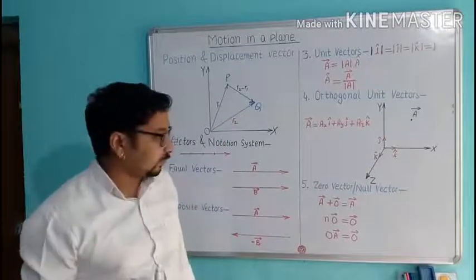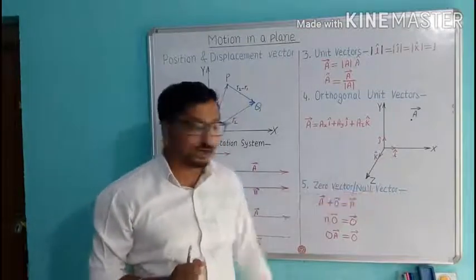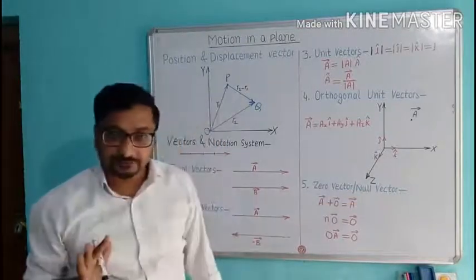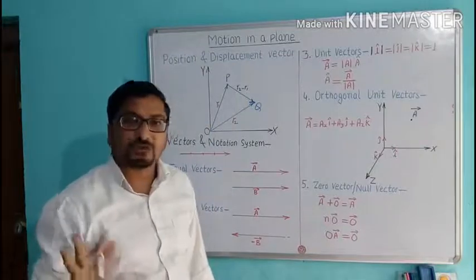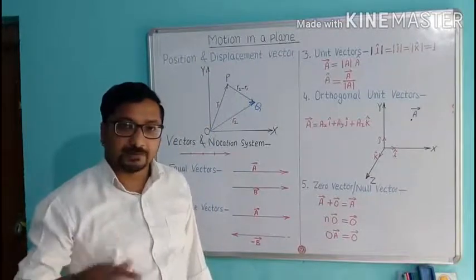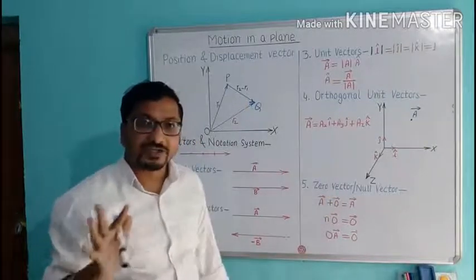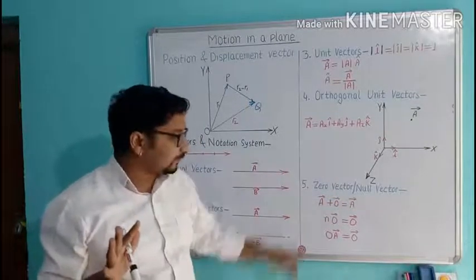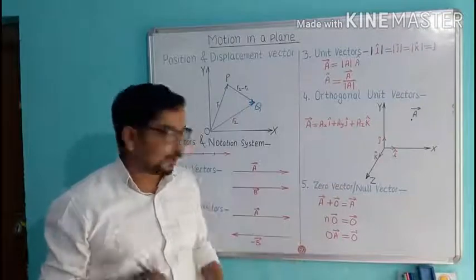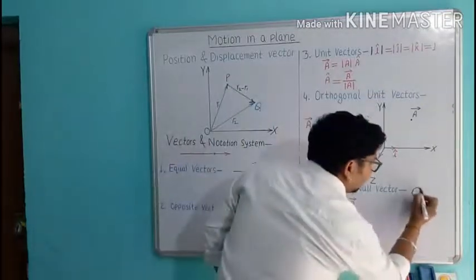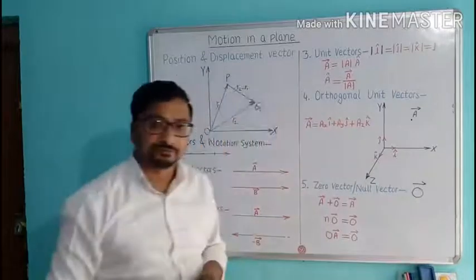Okay, now next, zero vector or null vector. Any vector which has zero magnitude and arbitrary direction is called zero vector or null vector. It is represented by 0 with an arrow.